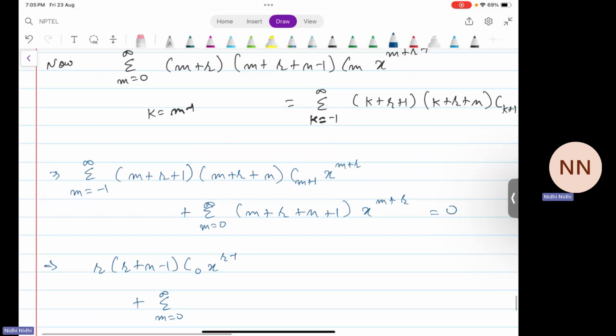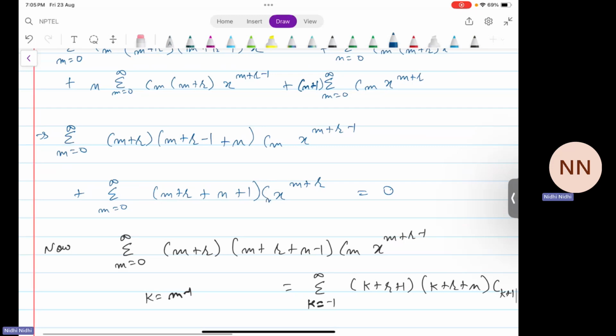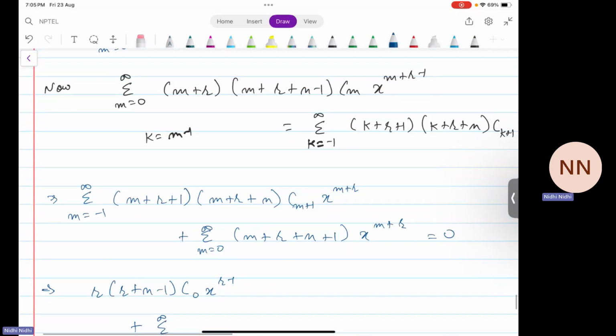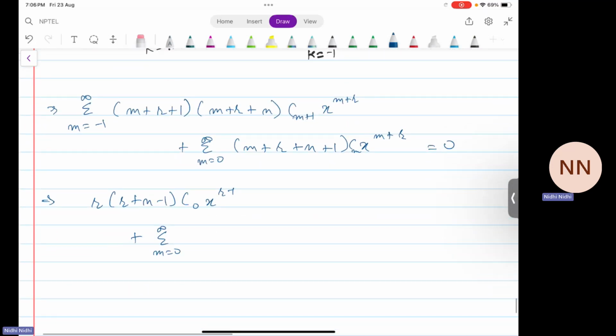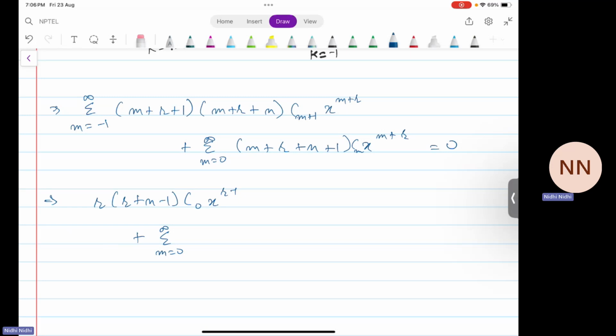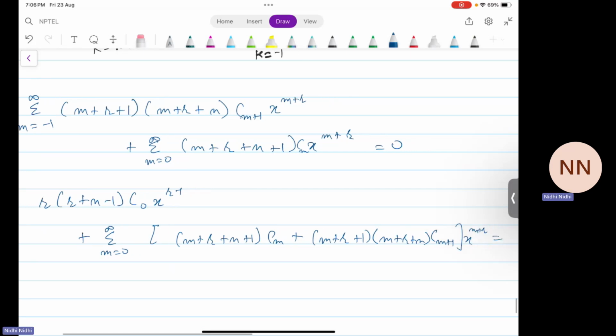With this term we had Cm, m plus r plus n plus 1 Cm plus m plus r plus 1 times m plus r plus n Cm plus 1 x to the power m plus r is equal to 0.